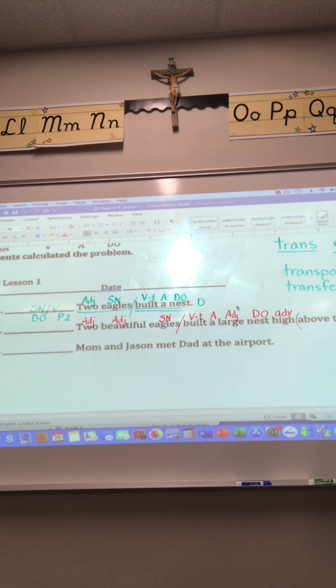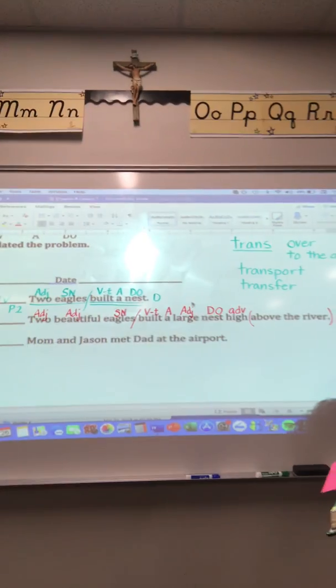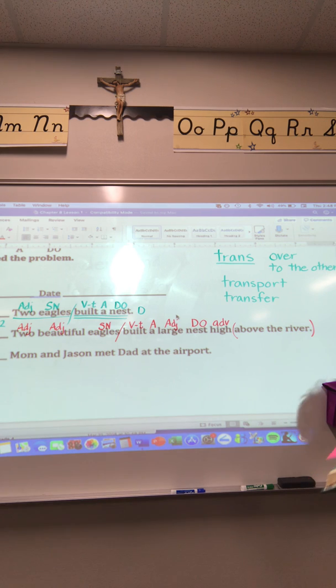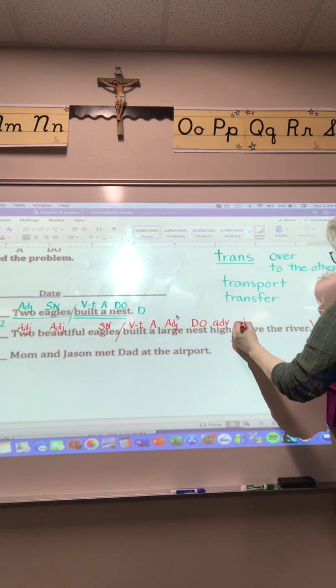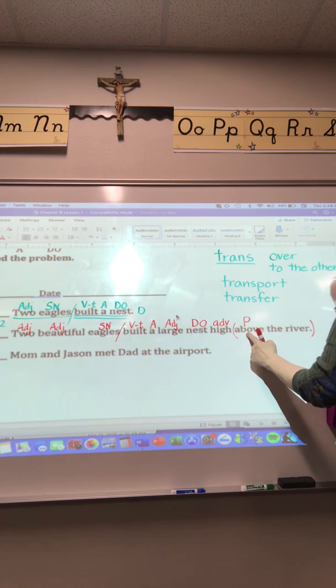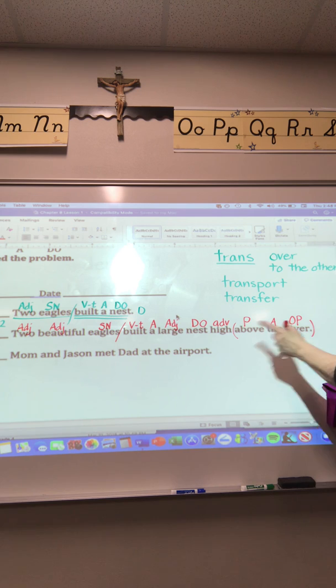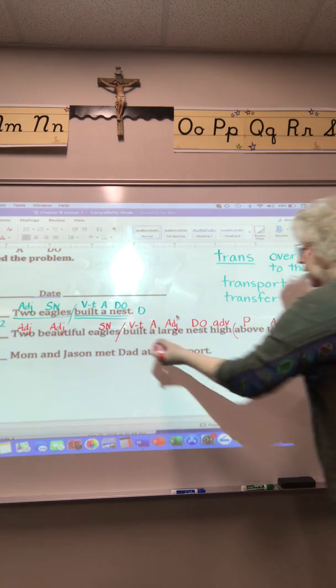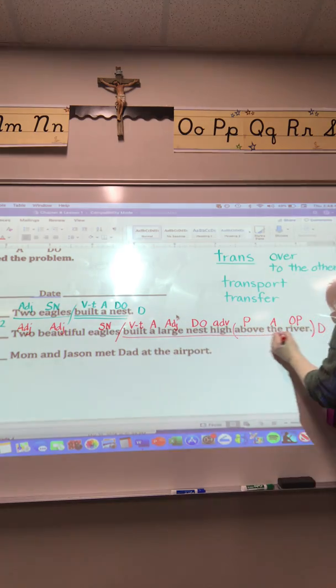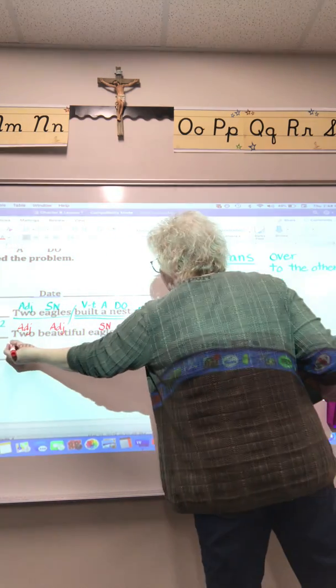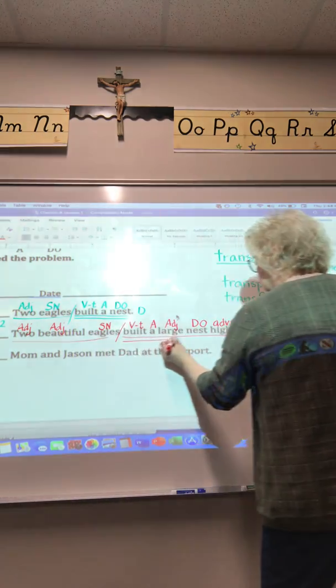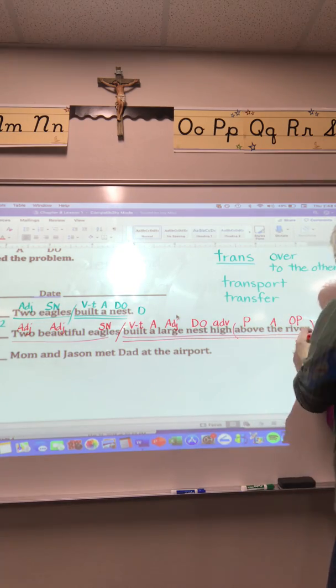Okay, now above the river is going to be a prepositional phrase. So we have our preposition, you have an article adjective, and you have the object of the preposition. This sentence is also a declarative. We're going to underline our subject one time and our predicate part two times.